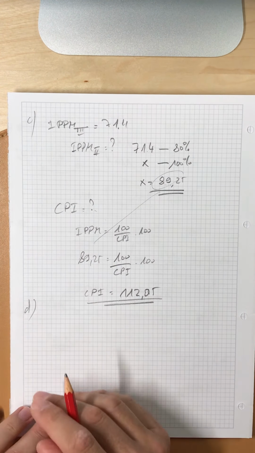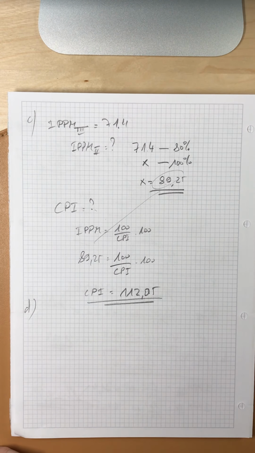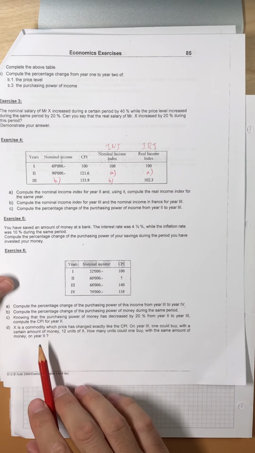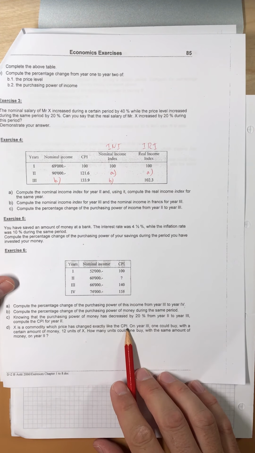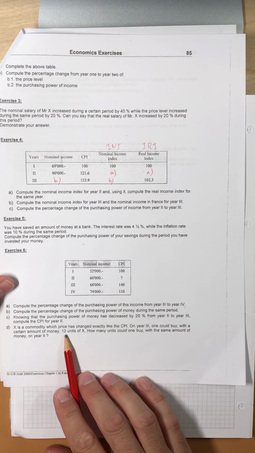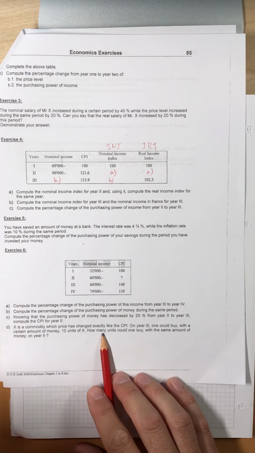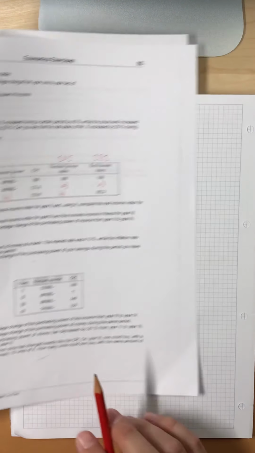And last question, question D. It's a bit long, but don't worry. X is a commodity whose price has changed exactly as the CPI. In year 3, we could buy with a certain amount of money 12 units of X. How many units could one buy with the same amount of money in year 2?